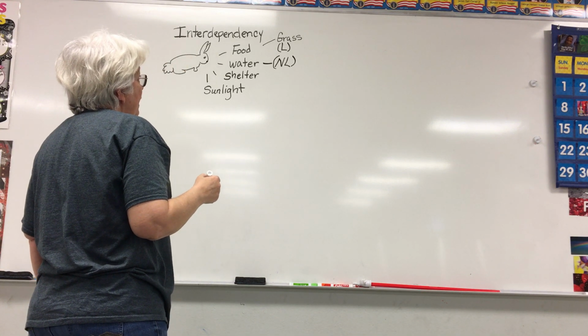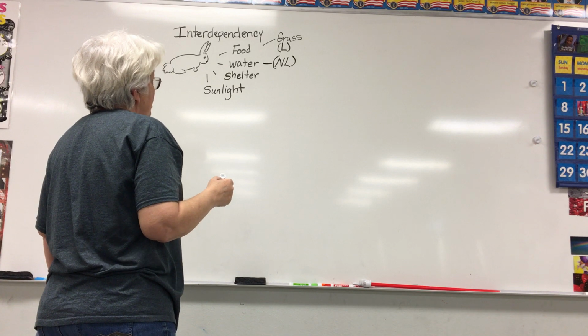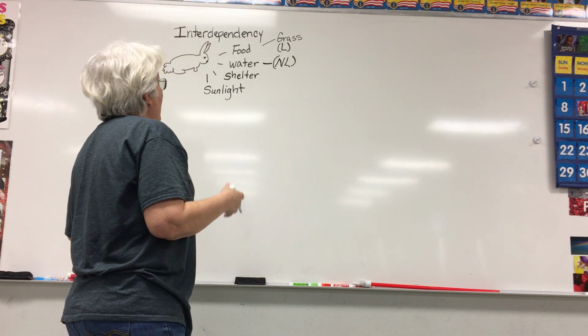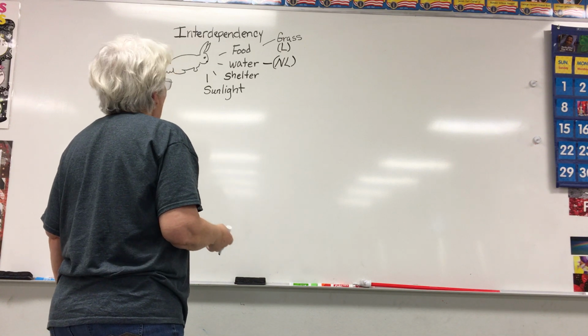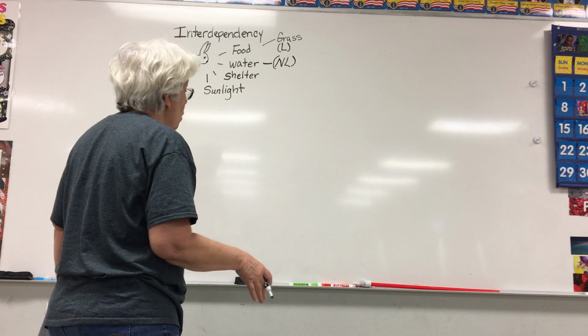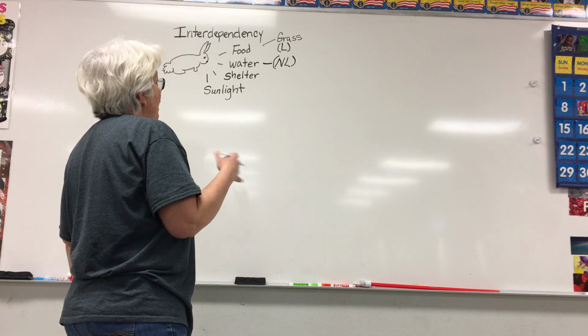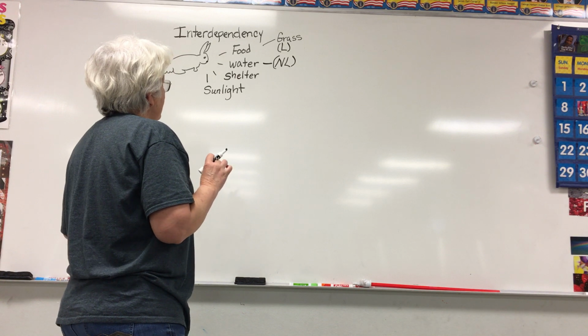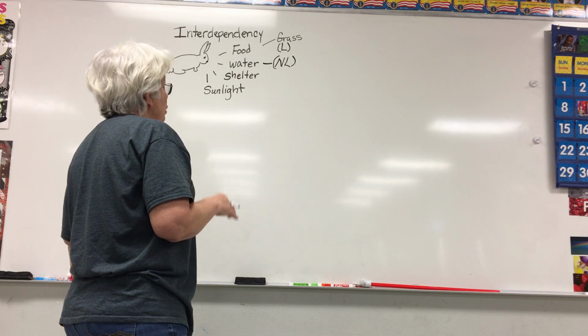The other thing we need is shelter. So this little rabbit lives out in the wilderness. Depending on what type of rabbit it is, they usually dig burrows, digging holes into the dirt, and they have little dens in there, and that's where they keep safe, and that's where they raise their young.